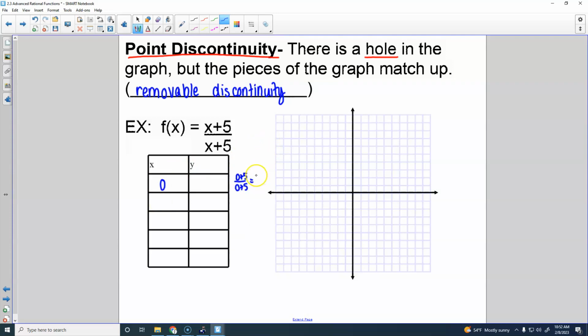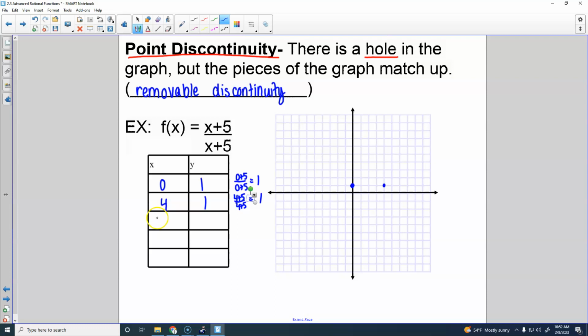That is going to give me 5 over 5, which is just 1. So I could graph the point 0, 1. I could graph 4: 4 plus 5 over 4 plus 5, 9 over 9 also equals 1. So I got the point 4, 1.